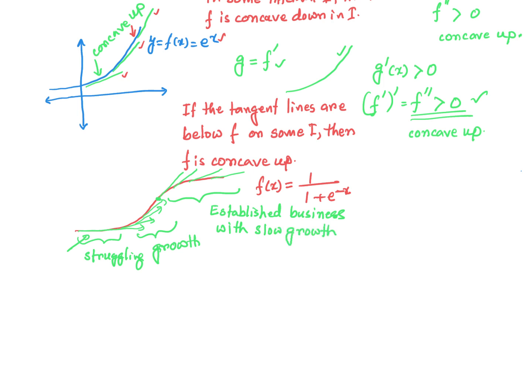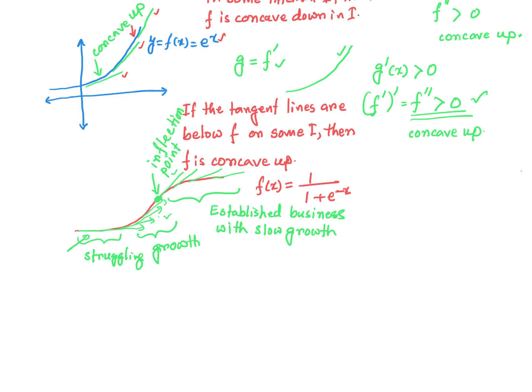So now the growth here is positive, a lot of growth. Growth here is slowing down, but still growing. And this point is called the inflection point. Actually, without realizing, I kind of used this example as a way to define inflection point. Inflection point is a point where the concavity changes.